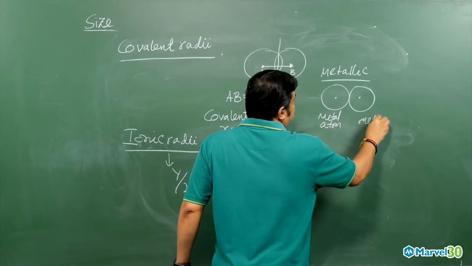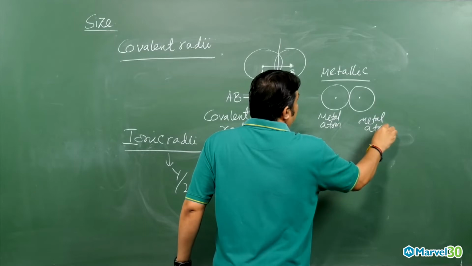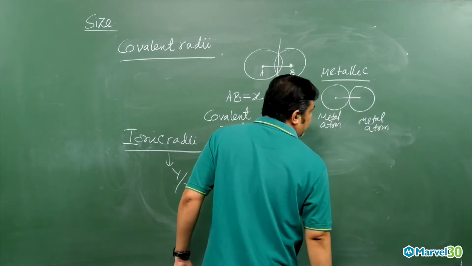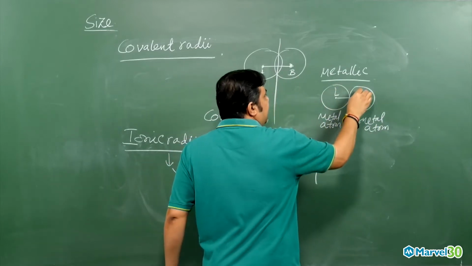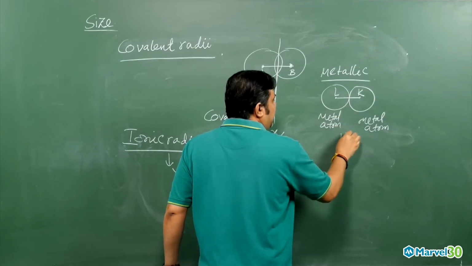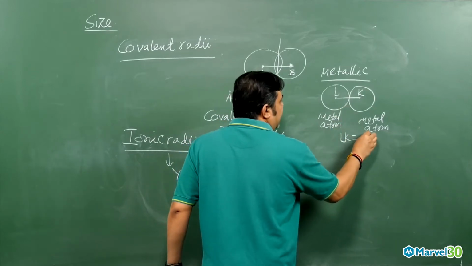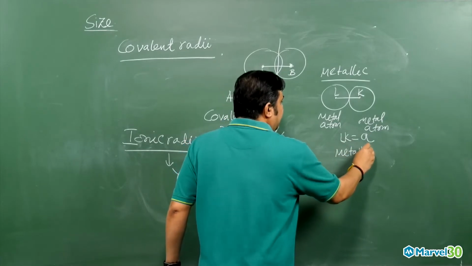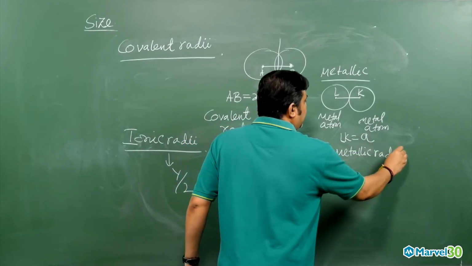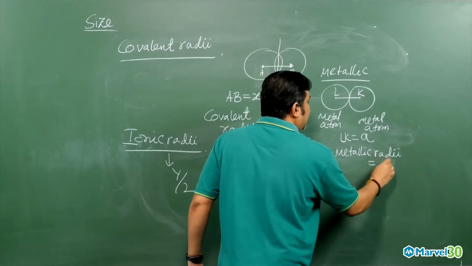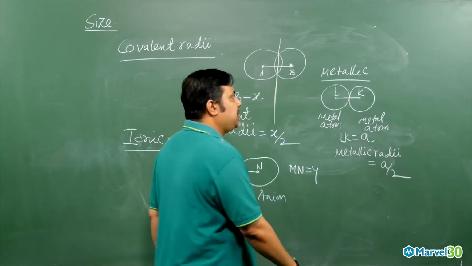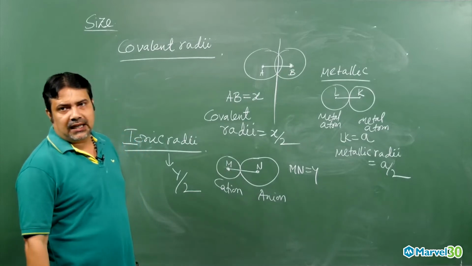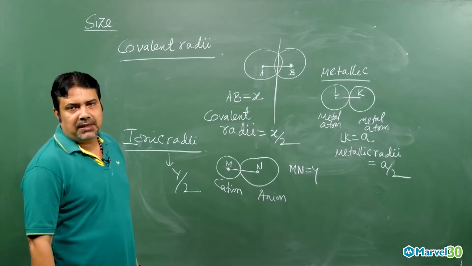Half of the distance between these two nuclei, suppose the distance is A, so the metallic radius will be A by 2. Half of the distance between the two metallically bonded atoms is the metallic radius.